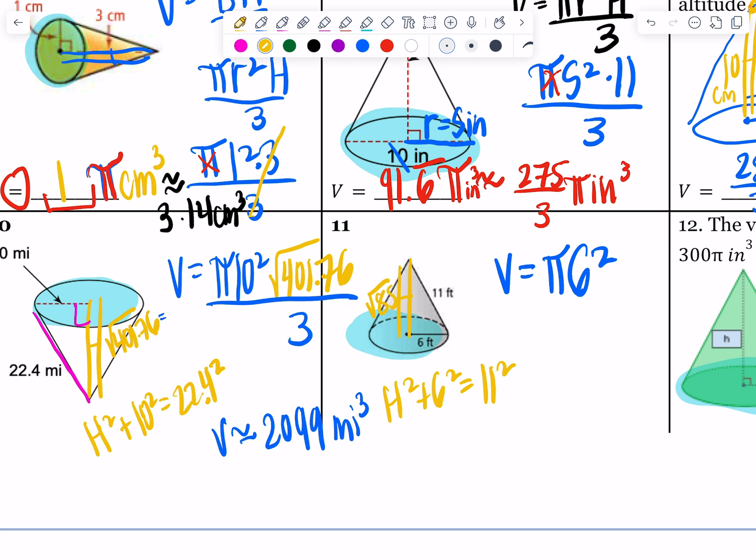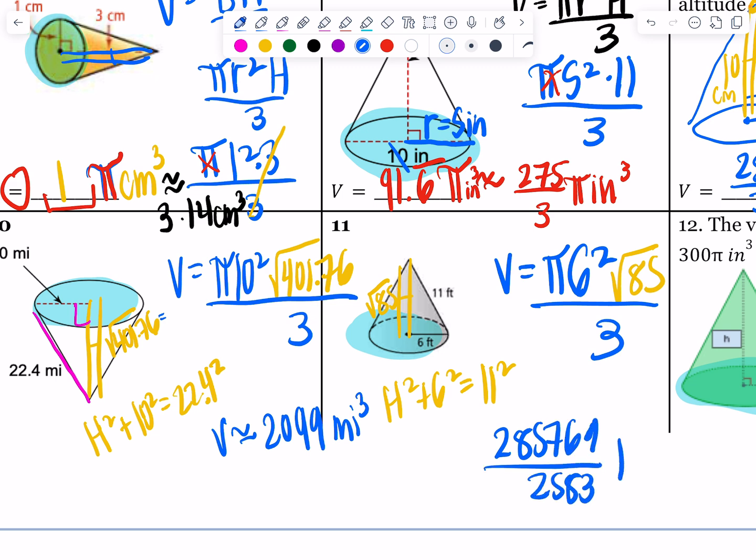If you want to go ahead and round that, you can to 9.2, but I'm going to leave that up to you. It's just most accurate if you leave it as root 85 and round at the very, very end only once. All right, so I'm going to do the square root of 85, multiply that by 6 squared, and then divide that by 3. This gives me a volume of, oh my goodness, 2,85769 over 2,583 pi feet cubed.